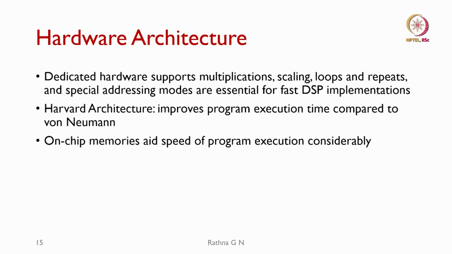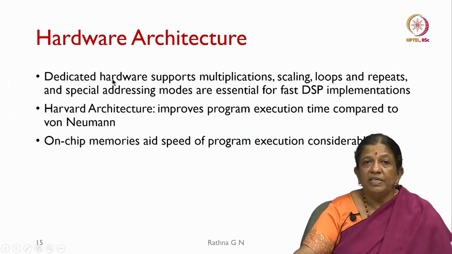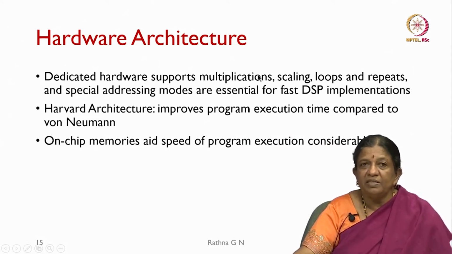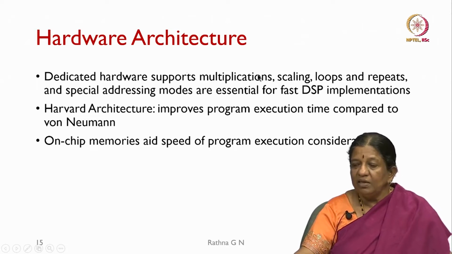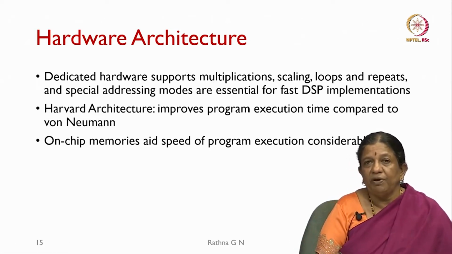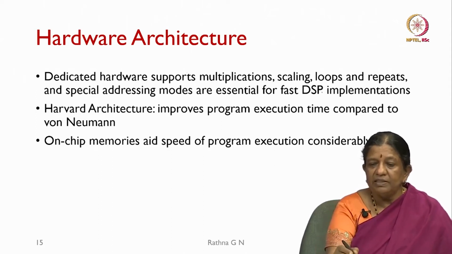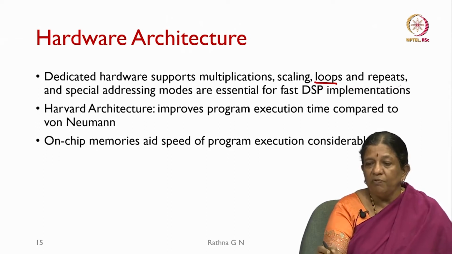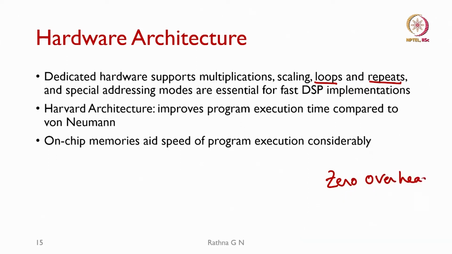Coming to hardware architecture. We said that we have designed dedicated hardware that supports multiplication, scaling, loops and repeats. Something I want to tell here is how we are going to avoid the loop and why we need the repeats. In most cases, instead of loops we want to have repeats, which we call in the DSP processor a zero overhead loop.